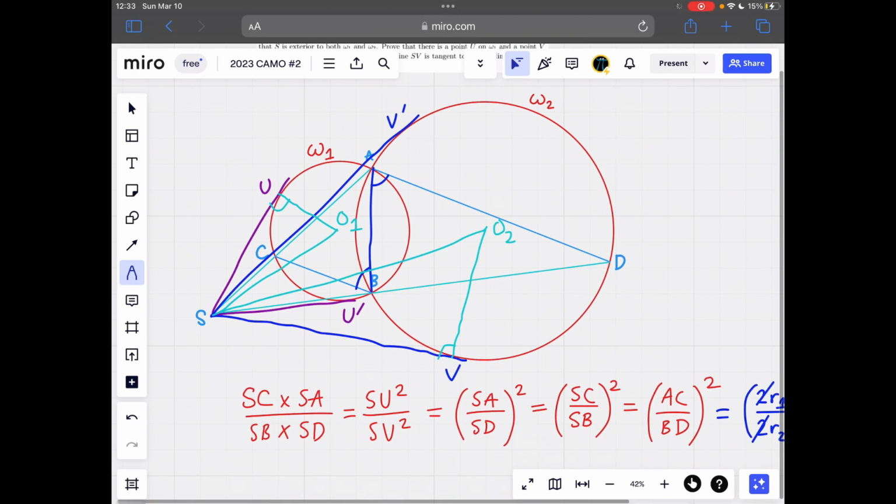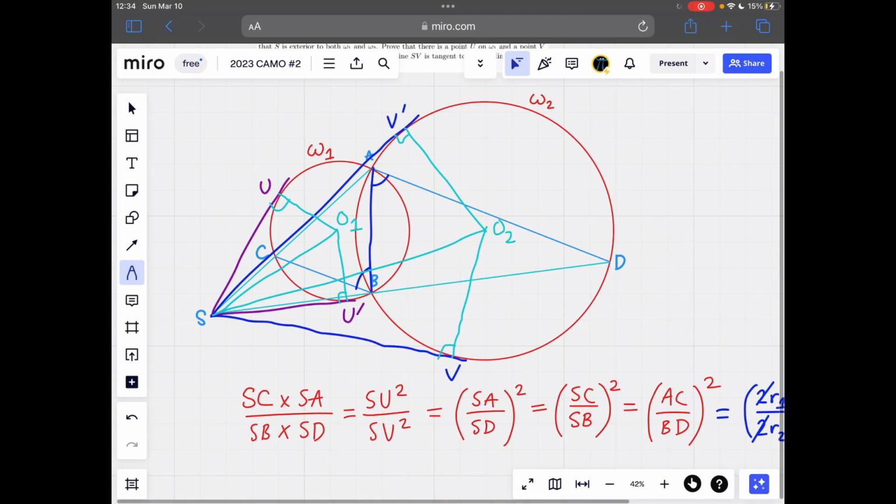Now consider what happens if you duplicate these triangles by reflecting them over their hypotenuses. They will get mapped to 2 kites, SUO1U prime and SVO2V prime.